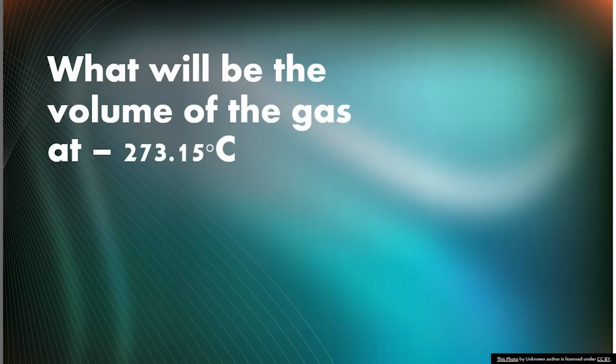So what will be the volume of the gas at minus 273.15 degree Celsius? Yes, it is 0. So we found that volume of the gas becomes 0 at minus 273.15 degrees Celsius. Volume becomes 0 means that gas will not exist. In fact, all the gases get liquefied before this temperature is reached. The lowest hypothetical or imaginary temperature at which gases are supposed to occupy zero volume is called absolute zero.